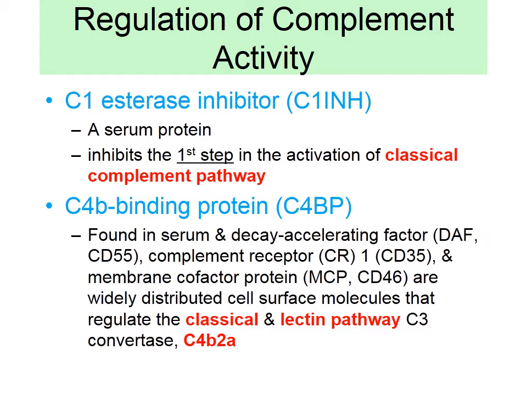Likewise, we have C4b binding protein, which is found in serum, and decay accelerating factor, DAF, also called CD55, and then complement receptor 1, CD35, and membrane cofactor protein, MCP, which is also called CD46. They are all widely distributed on cell surfaces and regulate the classical and lectin pathway C3 convertase, which is like a common joint where all these pathways come together.